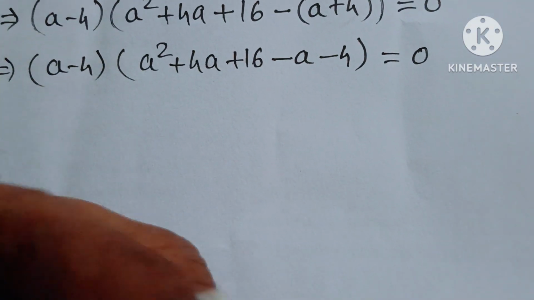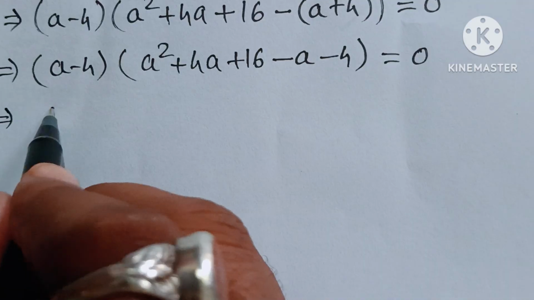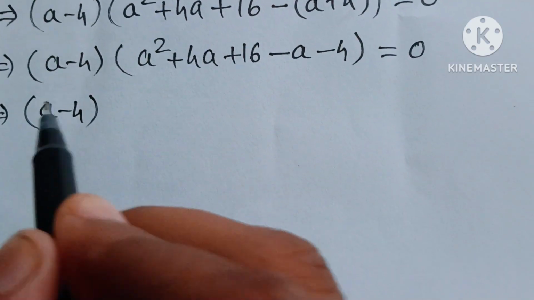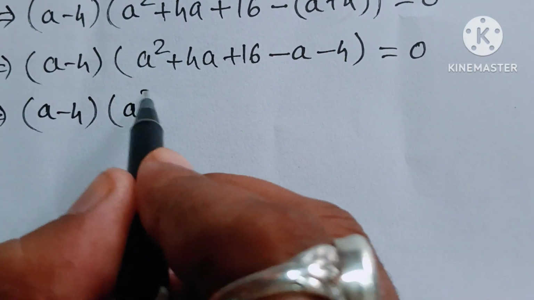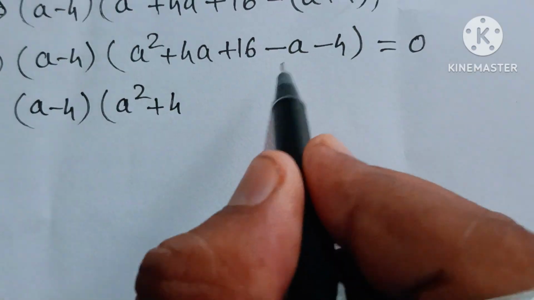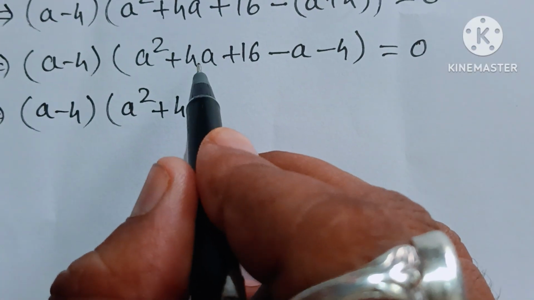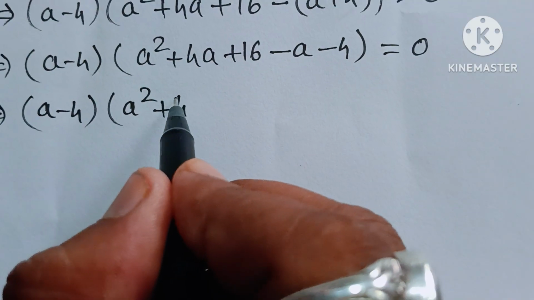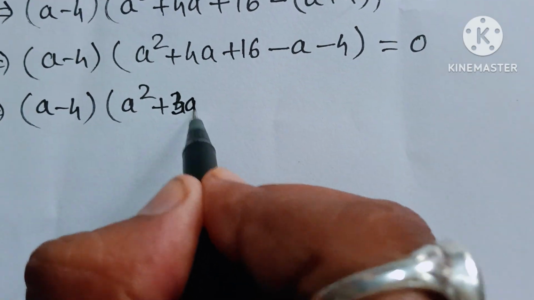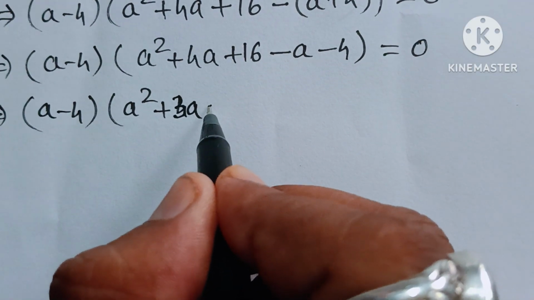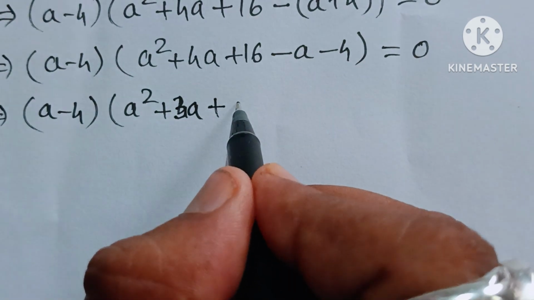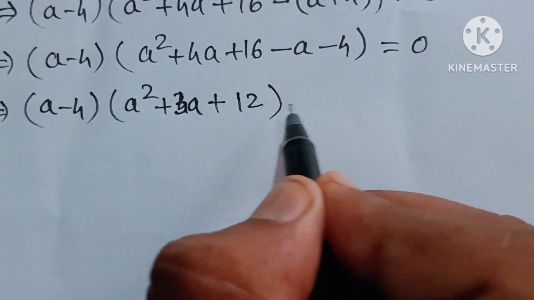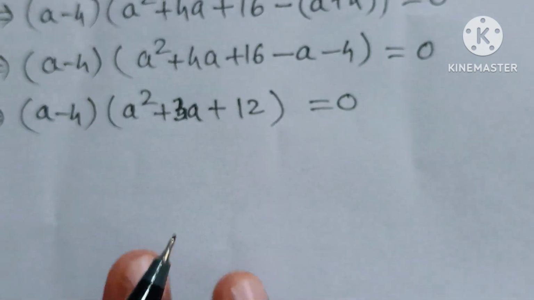Now next, here (a − 4)(a² + 4a − a + 16 − 4), that is here we get 3a, and 16 − 4 remains 12, equal to 0.